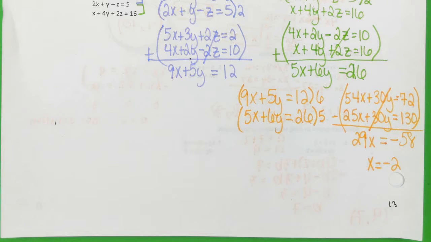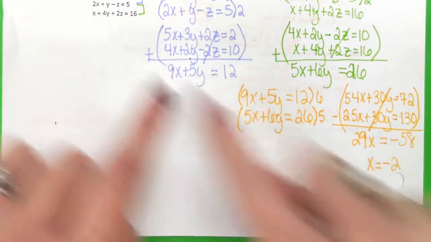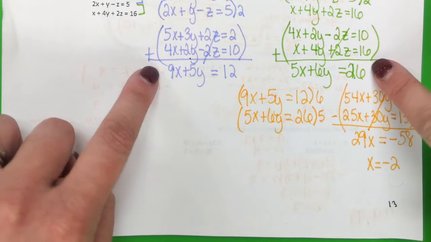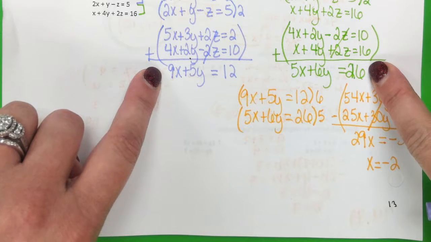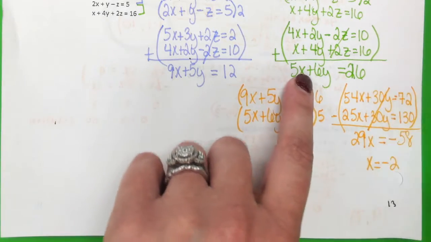Alright, so then we've got to plug it back in. So now we're going to just work backwards. So if you set up your steps right, we're literally going to go from here to here, back to here. We're just going to go backwards, okay? Alright, so you're going to take this -2 and plug it into one of these two. Which one do you want to plug it into? Doesn't matter. 5x plus 6y? Okay.